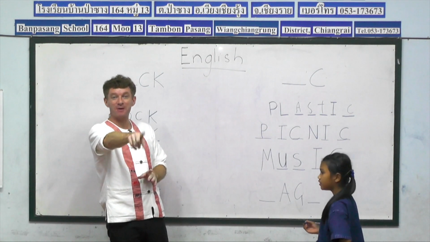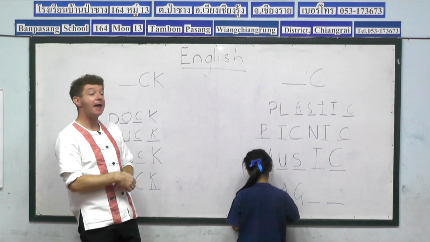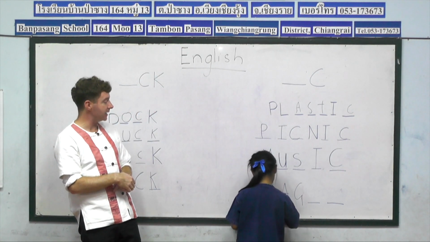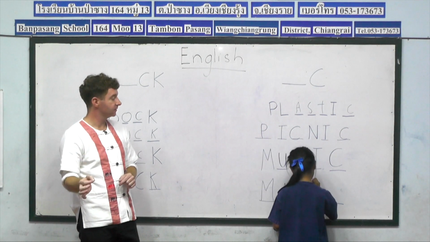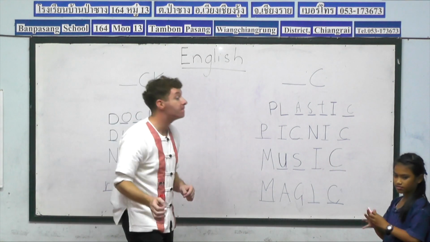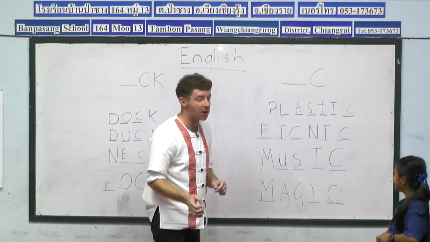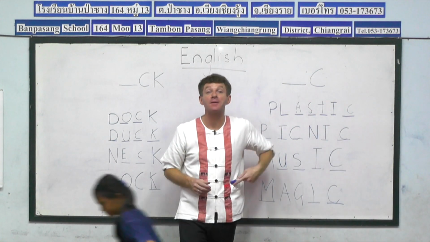Magic. Correct. Well remembered, Down. But how do we spell magic? M, A, G, I, C. And we can say magic. Magic. Perfect, Pak Bung. Well done. High five. Big round of applause for Pak Bung.